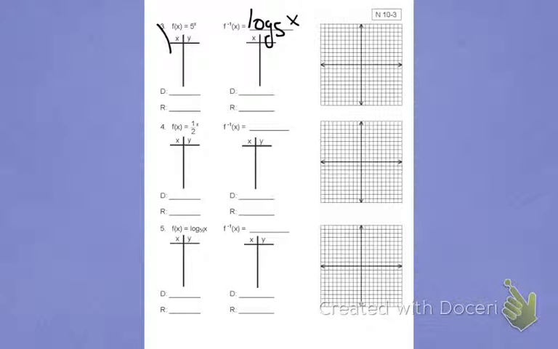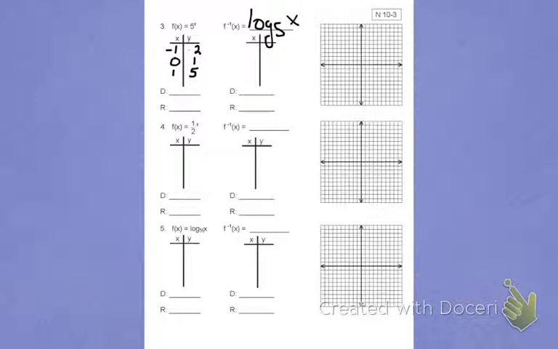Alright, so let's write some points. 5 to the -1 is 1/5, so that's 0.2. 5 to the 0 is 1, and 5 to the first is 5.